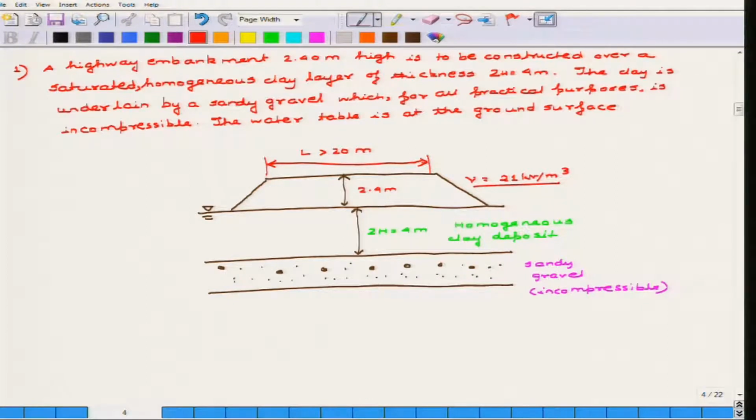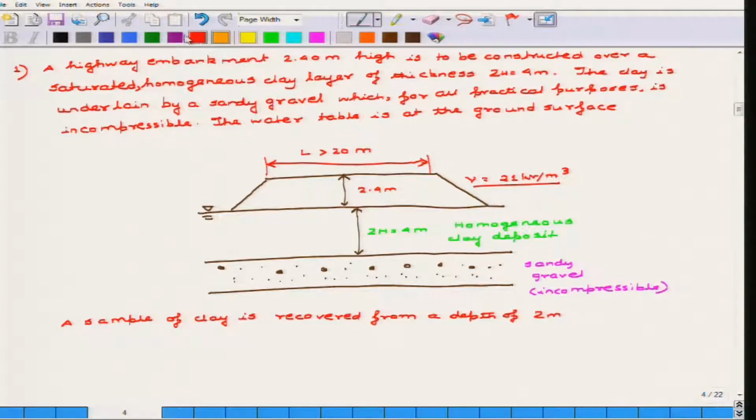Now it is said that a sample of clay is recovered from a depth of 2 meter.